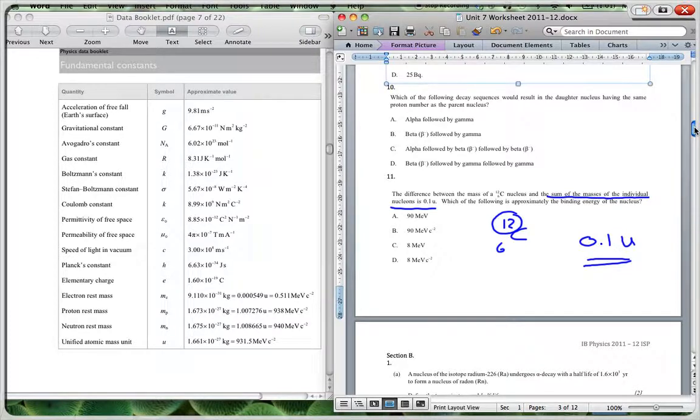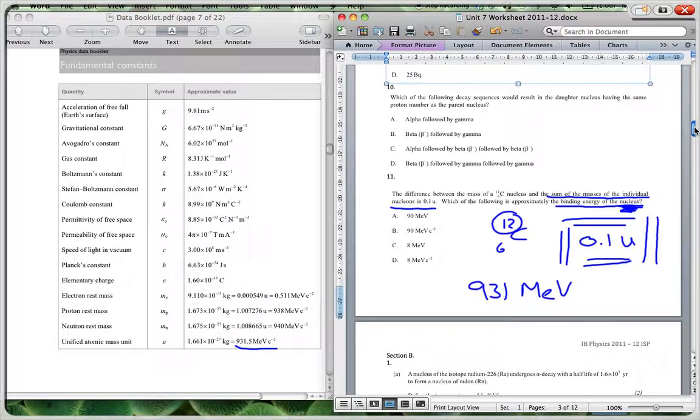Now this all goes into the binding energy. So which of the following is approximately the binding energy of the nucleus? We're talking about the nucleus as a whole, not per nucleon. So if we look here, we have our atomic mass unit has 931 MeV. That is the energy.